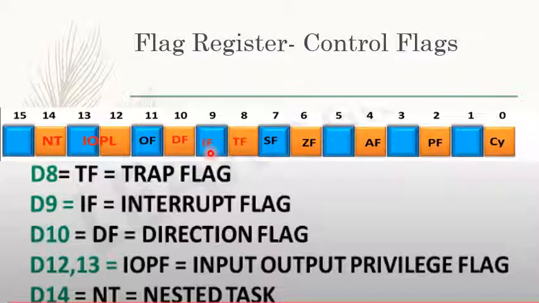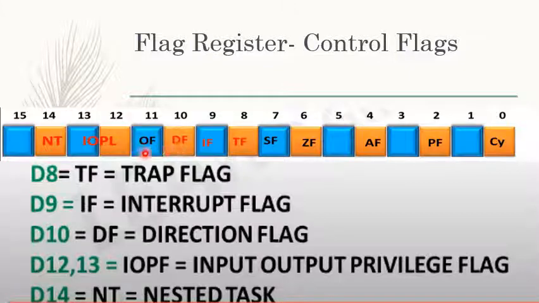When set, a maskable interrupt will cause the CPU to transfer control to an interrupt vector specified location. Bit D10, direction flag, causes string instructions to auto decrement the appropriate index register when set. Clearing DF causes auto increment.